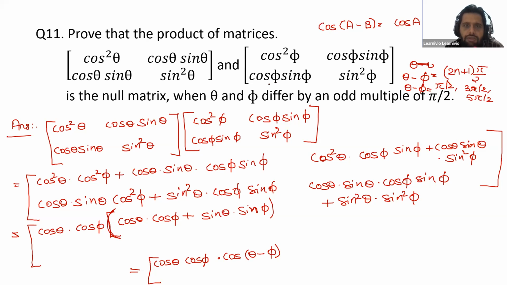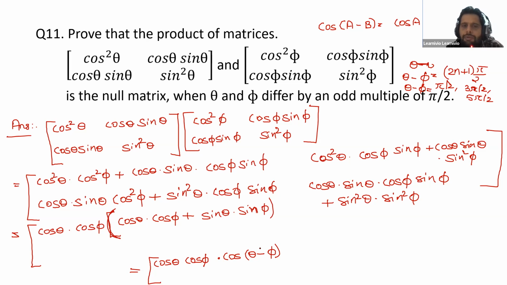Sure, can you tell me the value of cos pi by 2? 0. Very good. So they are saying the difference between these two angles is an odd multiple of pi by 2. That means pi by 2, 3 pi by 2, 5 pi by 2.